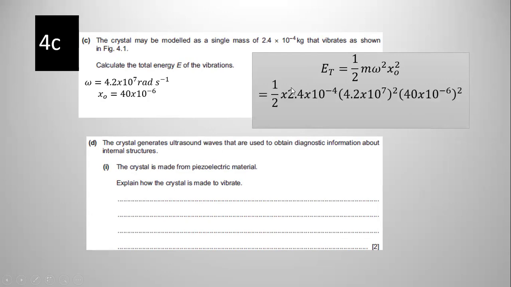Put in your values: half mass, omega, amplitude. Remember to check the units. Usually they are quite straightforward, you don't need to convert. They don't require you to change the unit.